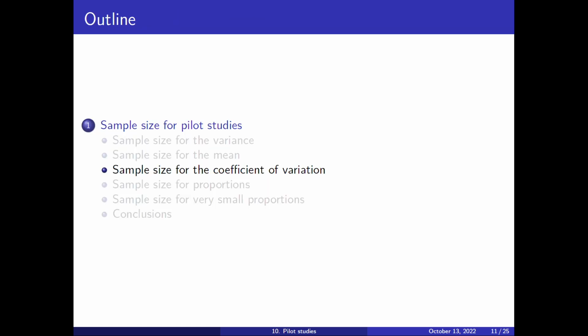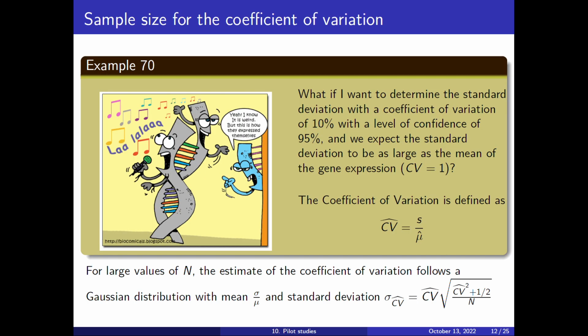Okay, so the coefficient of variation is the ratio between the two. The problem with the sample size for this is that you need to know more or less in which region the coefficient of variation will be, because the standard deviation of the coefficient of variation depends on your estimate of the coefficient of variation, so it is not that easy.